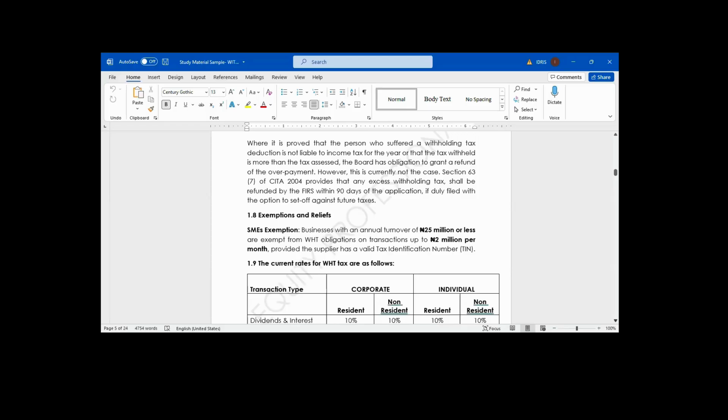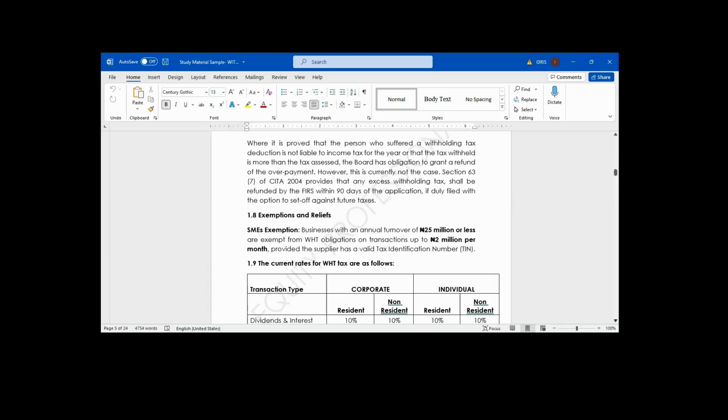Now, what are the exemption and relief under withholding tax? A company whose turnover is less than 25 million annually is exempted from withholding tax deduction when the amount of the transaction is not more than 2 million.